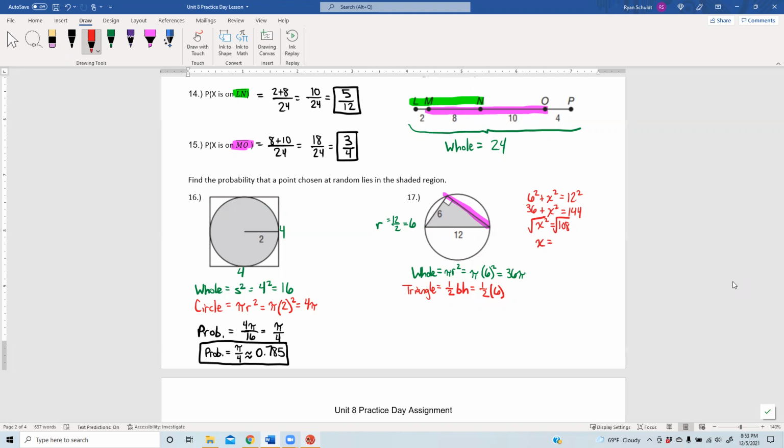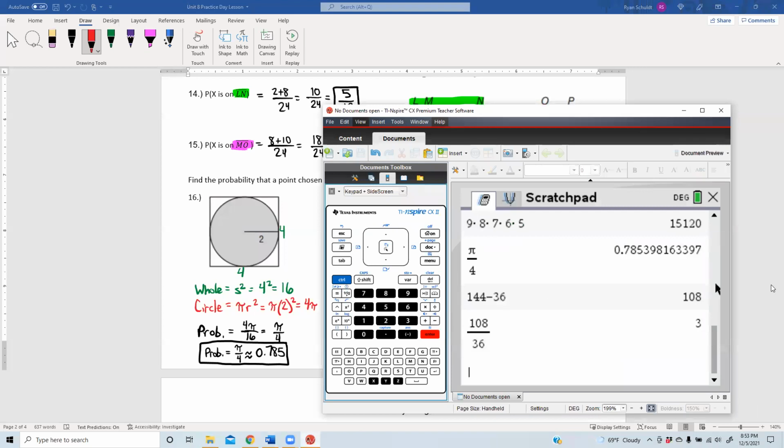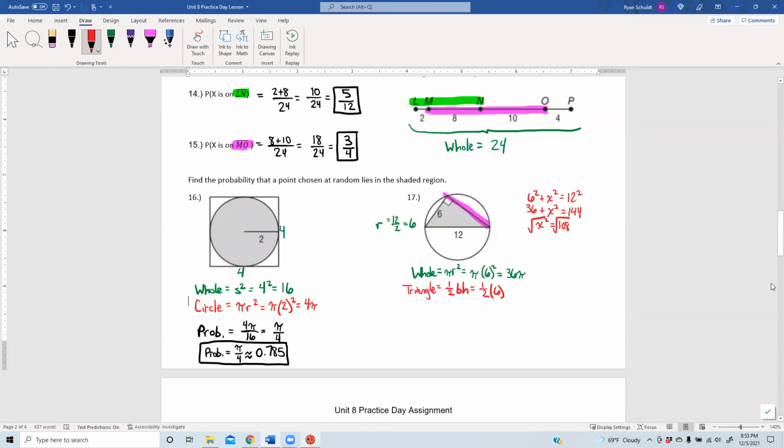Let's see what can go into 108. Can 36 go into it? Because I'm wanting to simplify the radical. 108 divided by 36, it does, 3 times. So I'm going to split this up to be 36 and 3. If I square root the 36, I get 6. I can't square root 3.